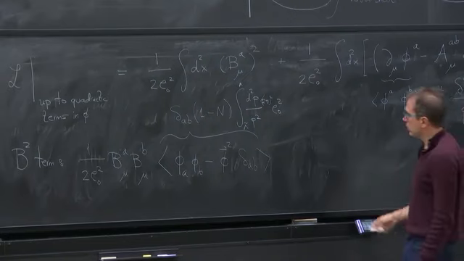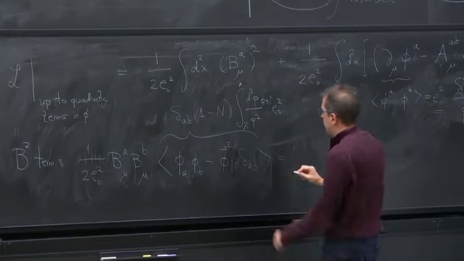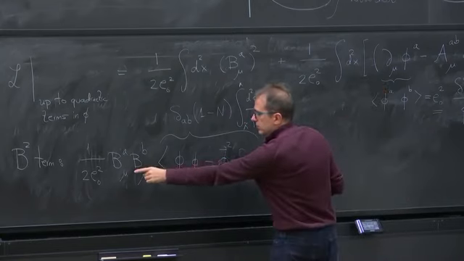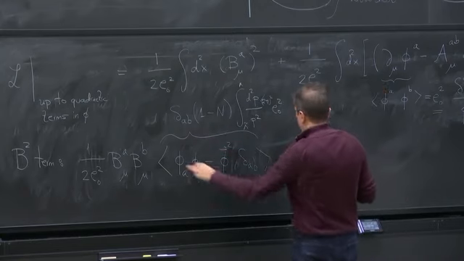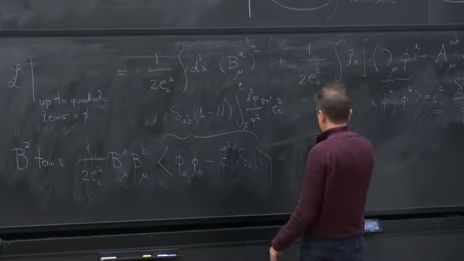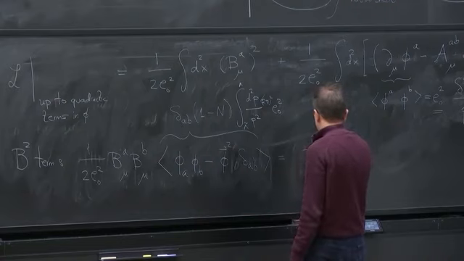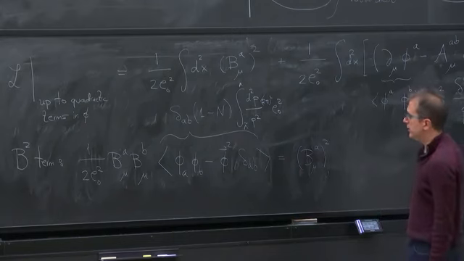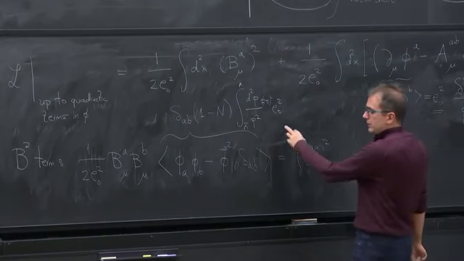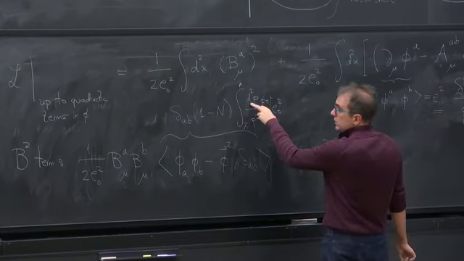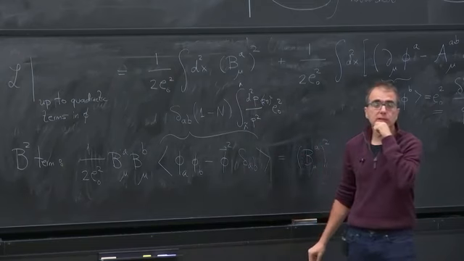And so in total, e0 squared cancels e0 squared. Delta AB just gives me B mu A squared.